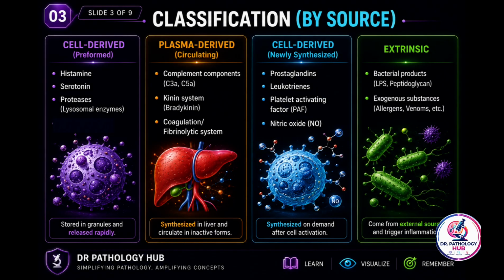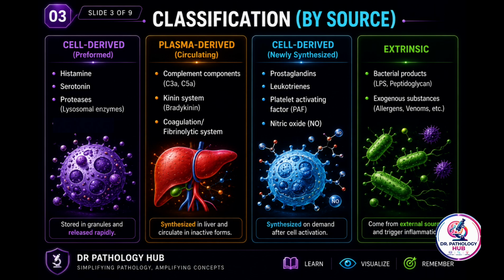They can be classified based on their source. Among cell-derived mediators, some are preformed and stored in intracellular granules, such as histamine, serotonin, and lysosomal enzymes. These are released immediately after injury, while others are synthesized only after stimulation, which includes prostaglandins, leukotrienes, platelet activating factor, nitric oxide, and several cytokines.